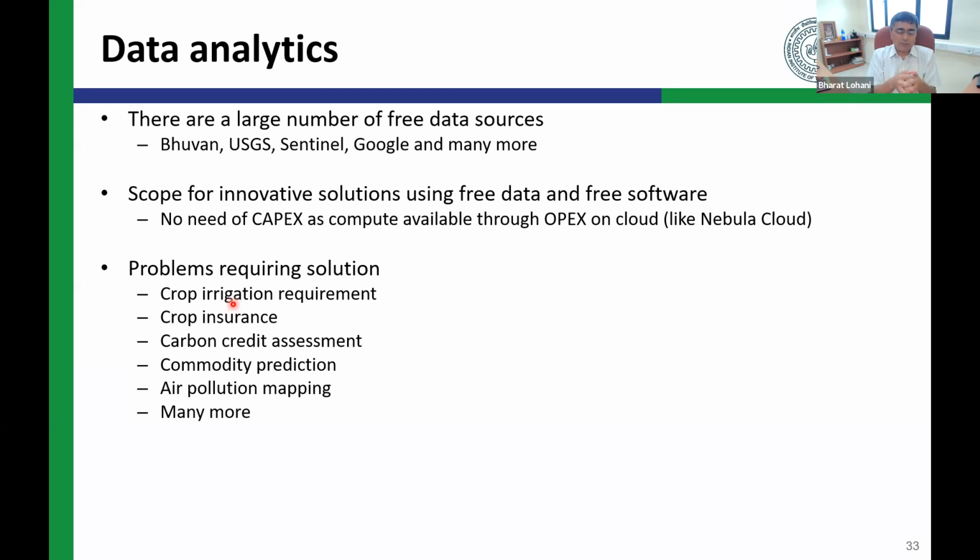Because if a farmer irrigates today, but after 3 days there is heavy rain, then that irrigation is not required. So for this kind of problem, crop irrigation requirement, I can provide this advice to the farmer on his mobile. And systems like this are being developed so that a farmer takes an informed decision. And it is good for the environment because we are not wasting water. At the same time, it is good for the farm.